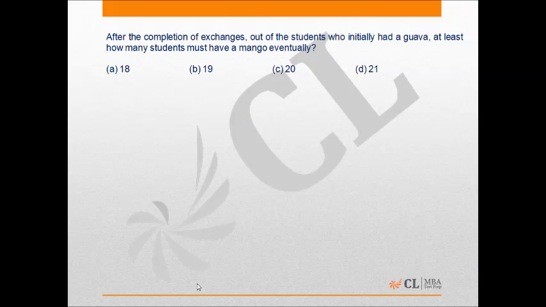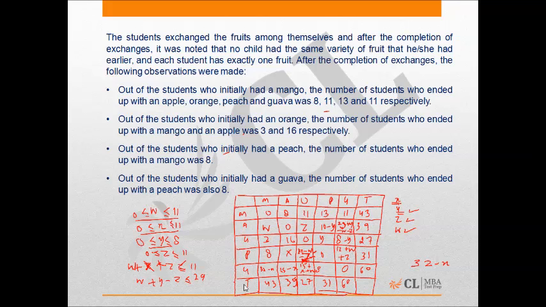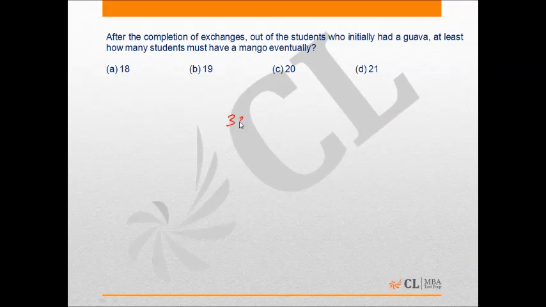Let's move to the first question. It is asking, after the completion of exchanges, out of the students who initially had a guava or peach, how many students must have a mango eventually? The number of students who initially had guava and now have mangoes is 32 minus W, and we have to minimize the value of this quantity.